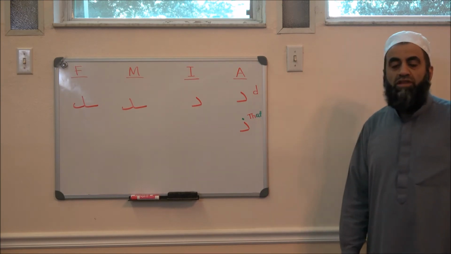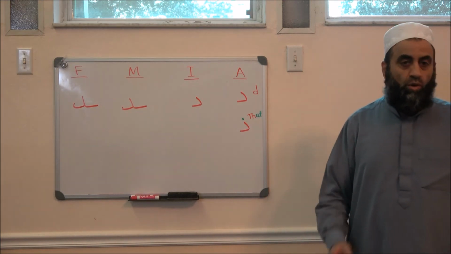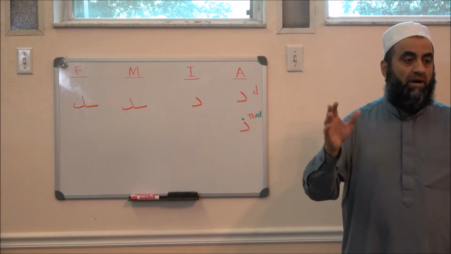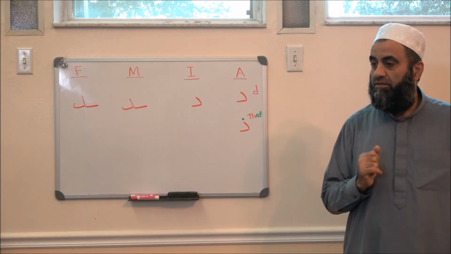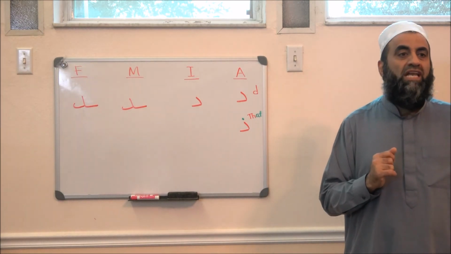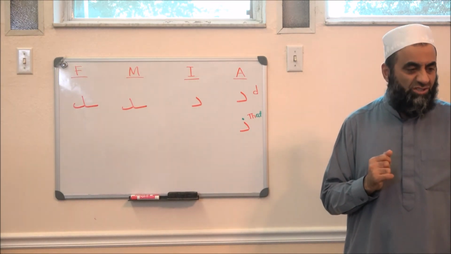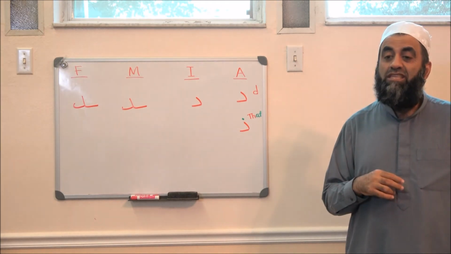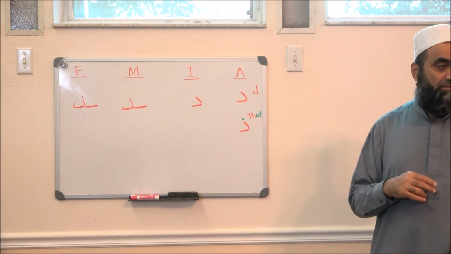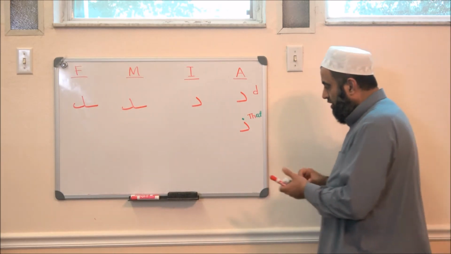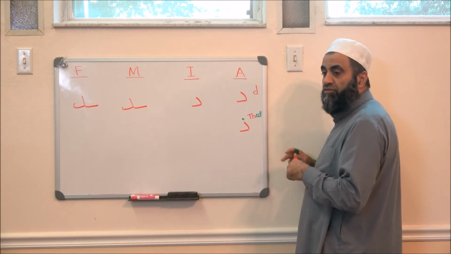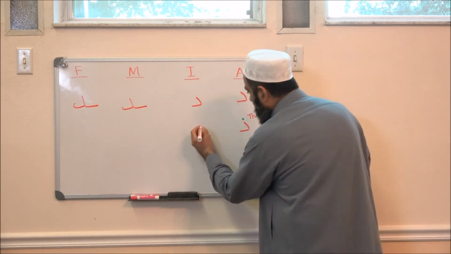Like the word dhahab, which means gold, or dhahaba, the verb, which means to go. Dhahaba, he went. The word ladhiz, which means delicious. It has two dha in it. Ladhiz. So the letter dha is the sister of the letter da. The only difference is that it has a dot on the top.